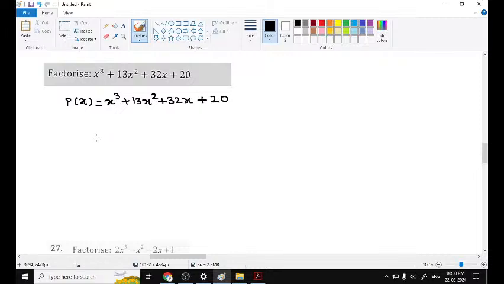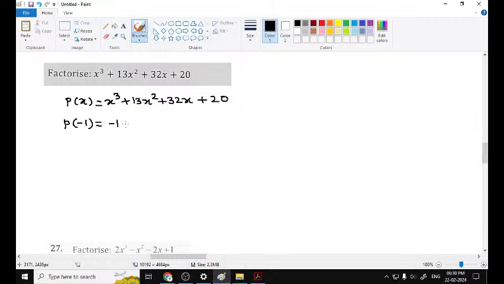Method: first step is to find one of the zeros by trial and error. But if we put a positive value of x, then these terms will add, and that is definitely not equal to 0. So let us try some negative numbers. Let x equal minus 1.